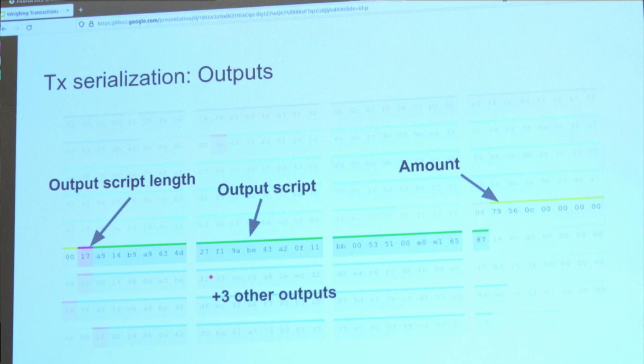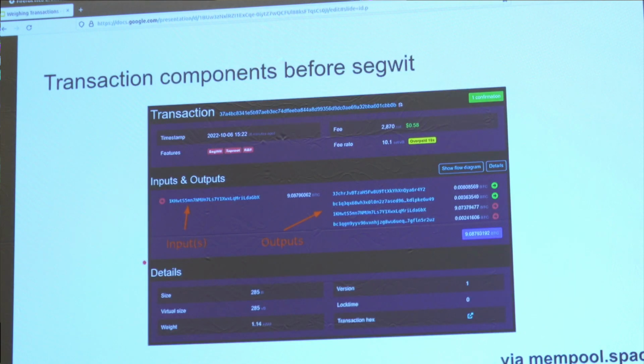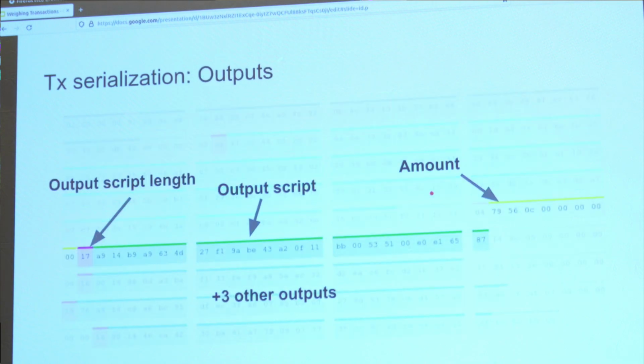And then we have an output script here, and the output script is 0x17 long. That is 23. Does anybody know what that is? Well, we can look it up, right? That was a pay-to-script hash script, right? Yes. So the hash in pay-to-script hash is 20 bytes.